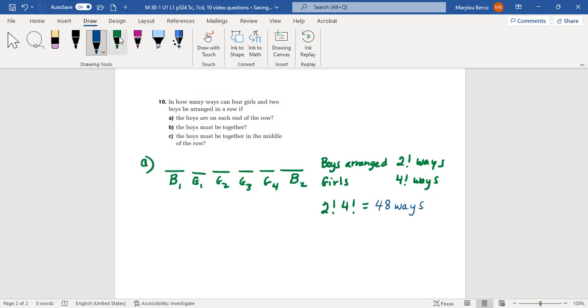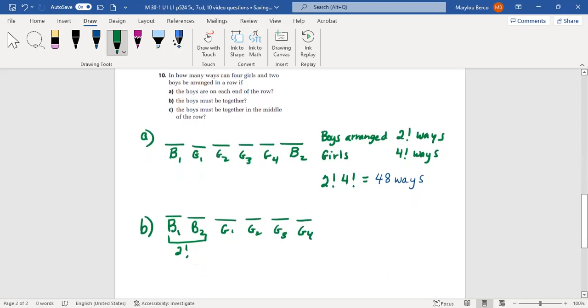Okay, let's take a look at the next one. The boys must be together. Well, what we have here is boy 1, boy 2, and this essentially is 2 factorial again, but here we have girl 1, girl 2, girl 3, girl 4. And because the boys have to be together, this takes up 1 spot.